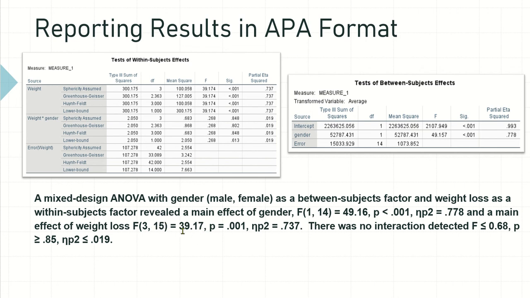And then you report the F statistic as well as the p-value and the effect size. And then you must state that there was no interaction. If there was, you would report the same statistics as you would find here. And then you would have to report the simple main effects where we saw those pairwise comparisons. And that's how you do a 1 within, 1 between factorial ANOVA.